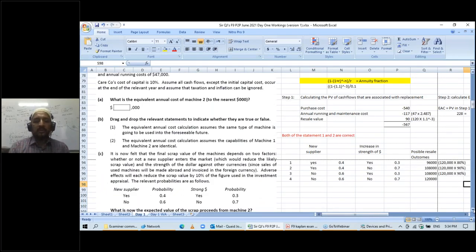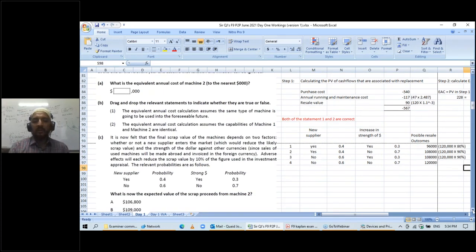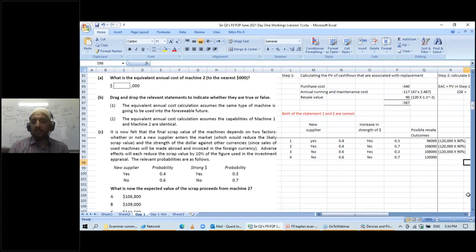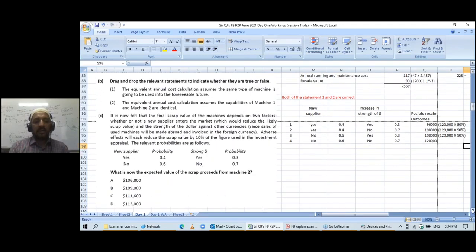One of the students has asked why we have taken machine 2 in this case. So please look at the requirement over here. They have asked about machine 2 only, right?